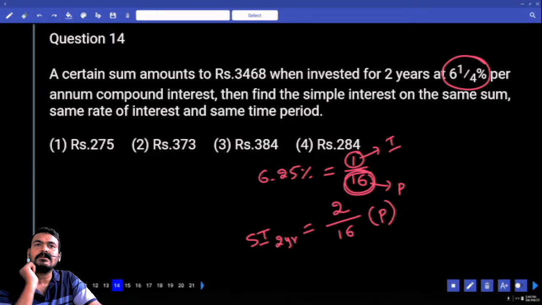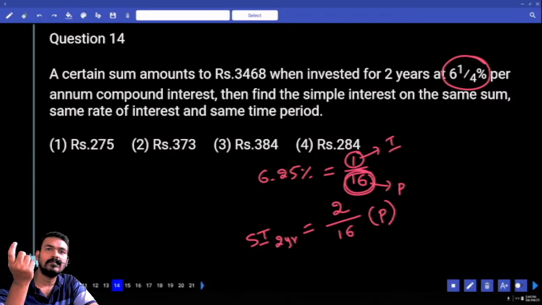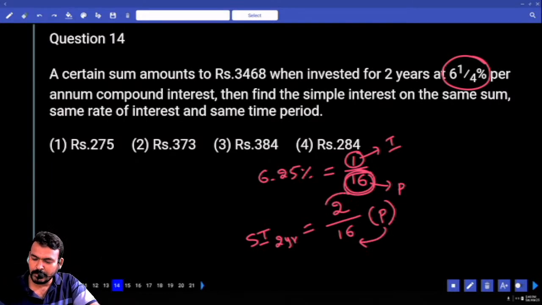What is the per annum interest? 1 part. How many years are given in simple interest? 2 years. What is the 2 years interest? 2 parts. Then we require 2 by 16 of the principal. In that, how many parts of interest do we require? 2 parts. Irrespective of the P value, the answer must be a multiple of 8.